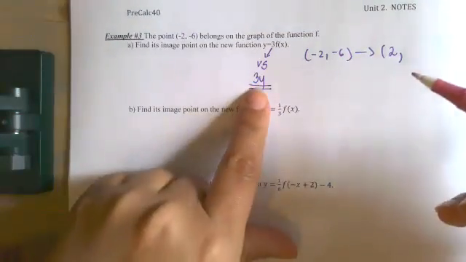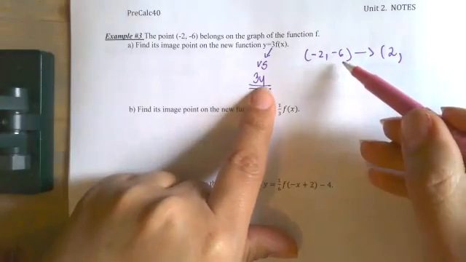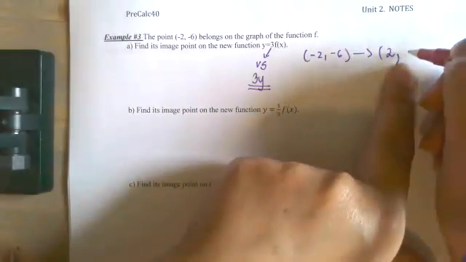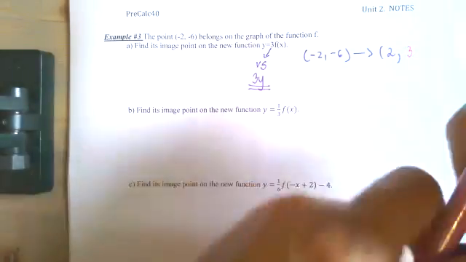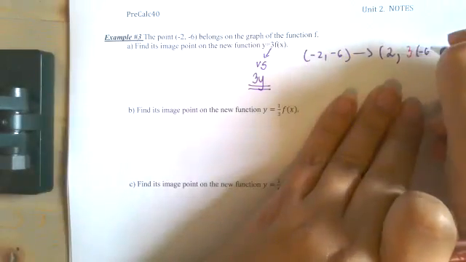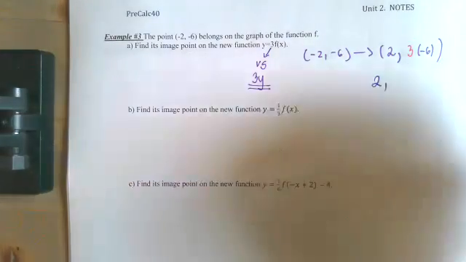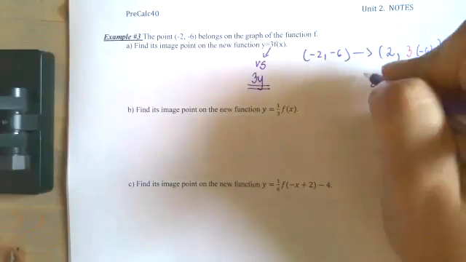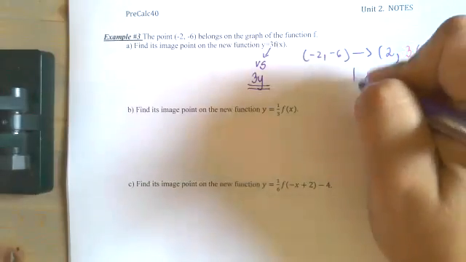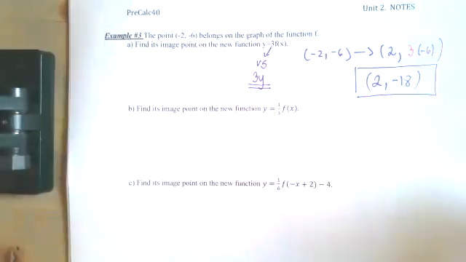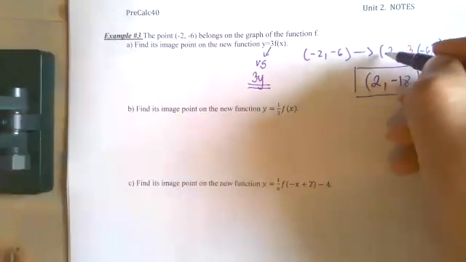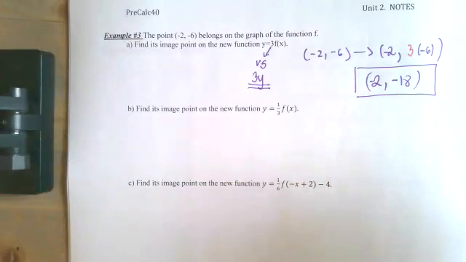We have to take our y coordinate and times it by 3, right? So 3 times -6. The point will become -2 and -18. I forgot my negative 2 along the way.